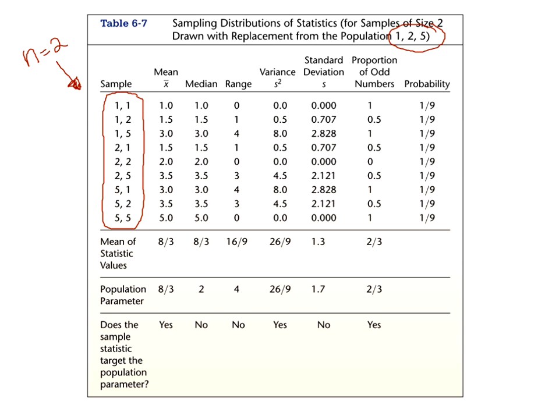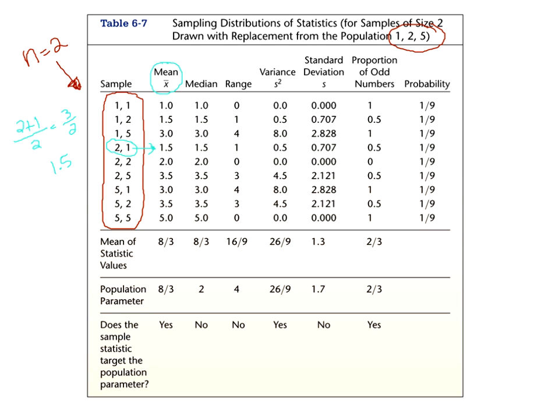Okay, the next thing that was done was for every sample, the mean was calculated, which is the average. So let's just look at this one. How do we calculate the average? We have 2 and we have 1. So you are going to add your data values, 2 and 1, and then you're going to divide by how many of them you see. So we have 3 over 2.